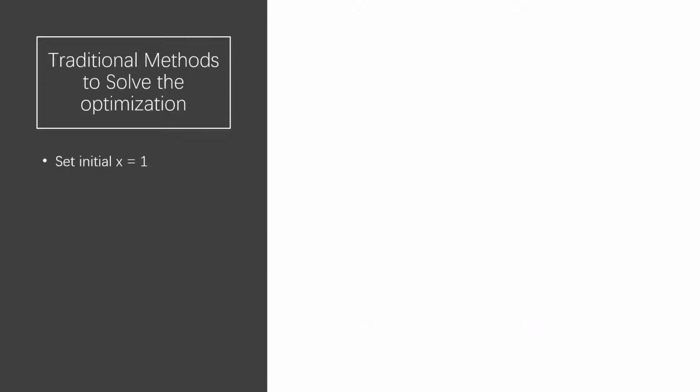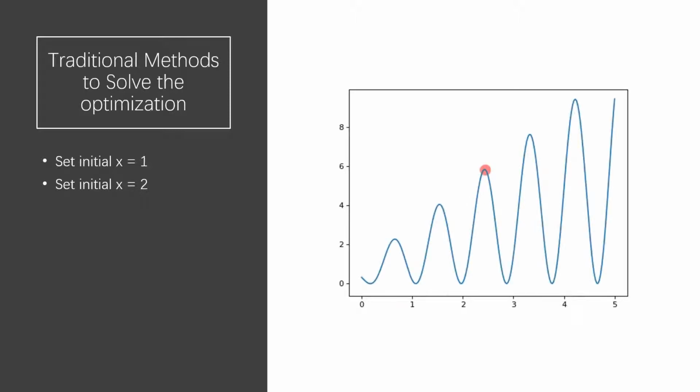So let's try to set x equal to 2, which will give us an objective value of roughly 6, which is better, but still not optimal. Let's try another one.